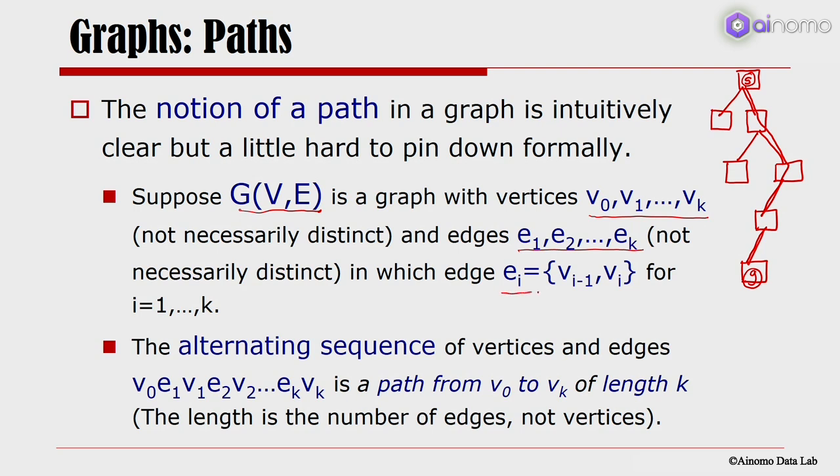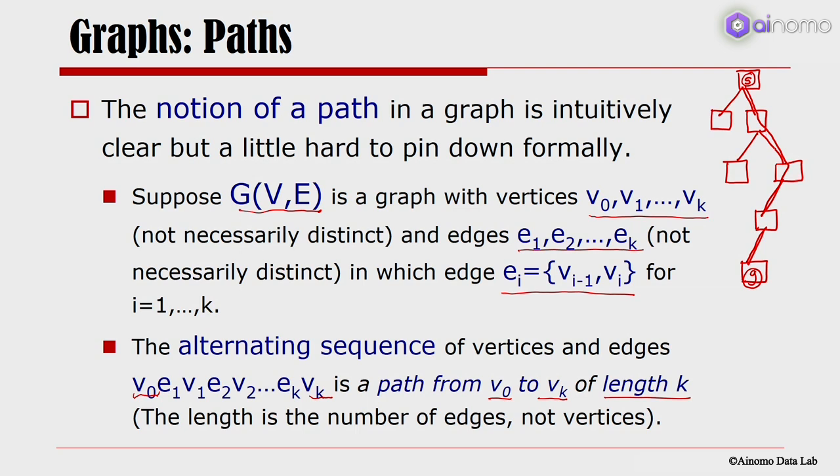Now each edge Ei is a group of vertices. The alternating sequence of vertices and edges, starting from the vertex V sub 0 to V sub k, is a path from V sub 0 to V sub k of length k. The length is the number of edges and not the number of vertices.